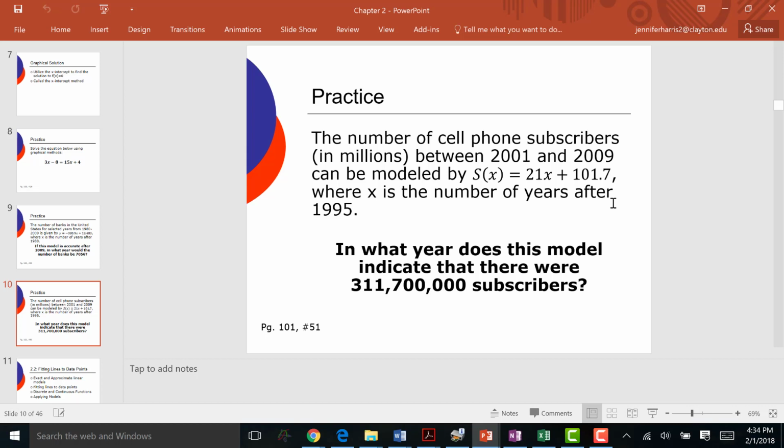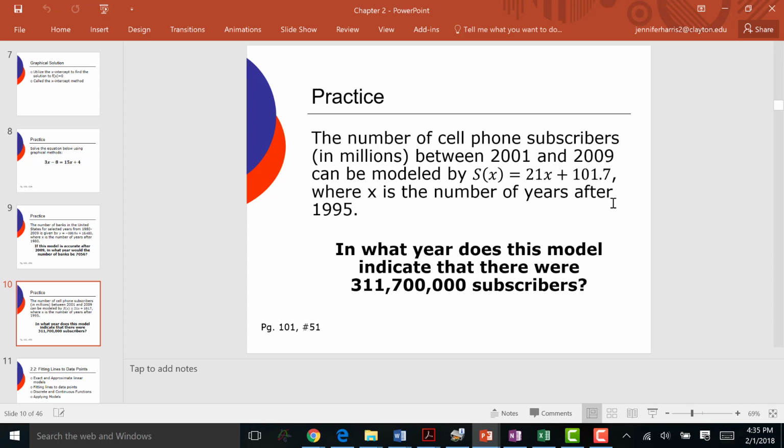I want to make sure again, in that last question, in what year? Are they asking you for a year or a number of people that got cell phones? They want a year. A year will always be your input value. It will never be your output. Years usually will always be input or X values. They will not be output values in most cases. So they are asking you for a year.